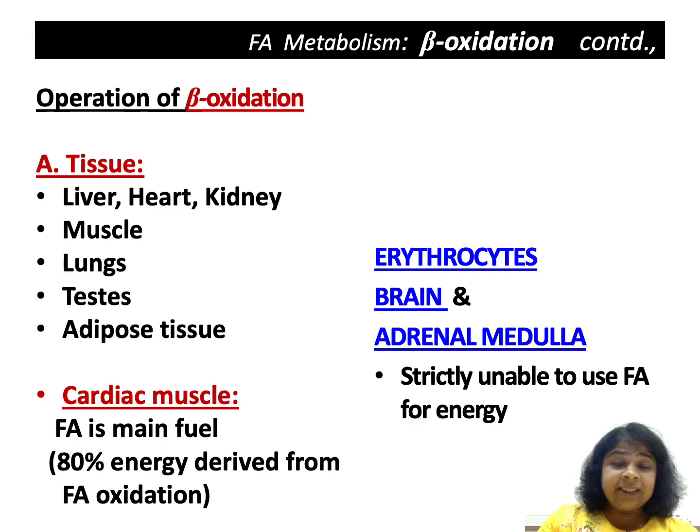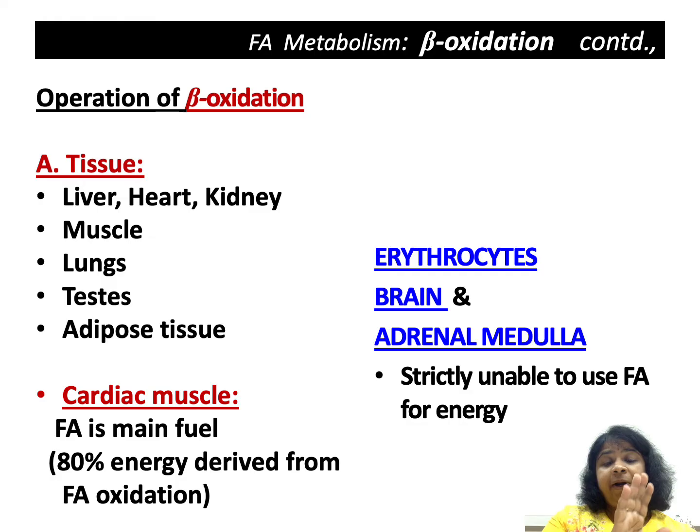The other reason that I have come across is that when beta oxidation is happening, there is lot of oxidants that can be produced and released into the tissue. So for this reason again probably beta oxidation does not happen in brain.